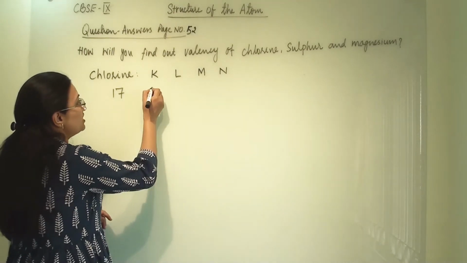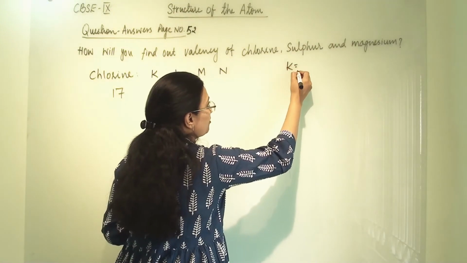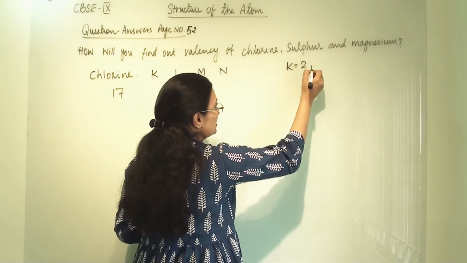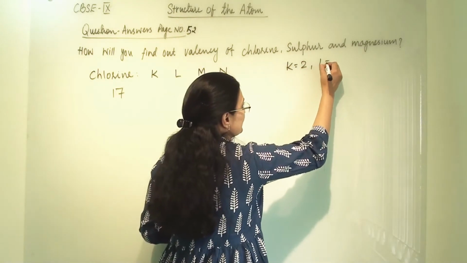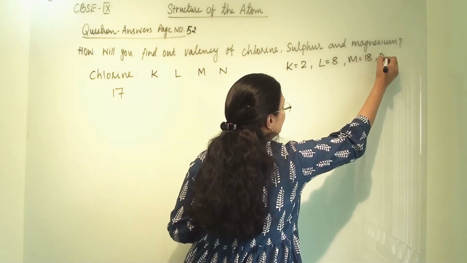So how will we distribute these electrons? We know that the maximum capacity of the K shell is 2, the L shell is 8, the M shell is 18 and the N shell is 32.